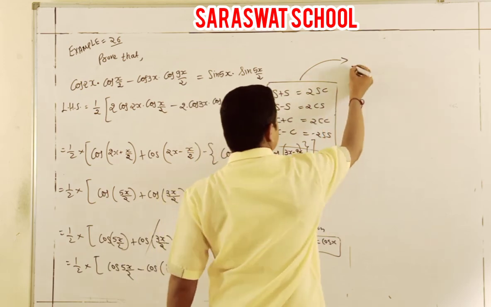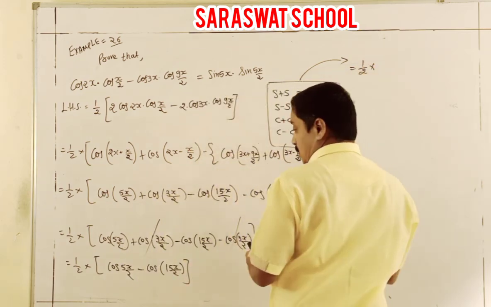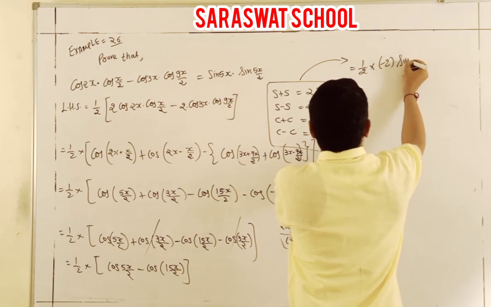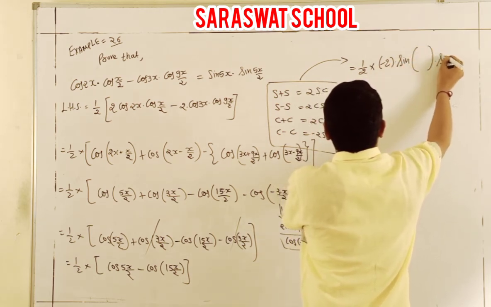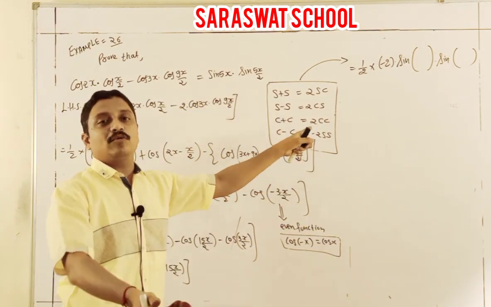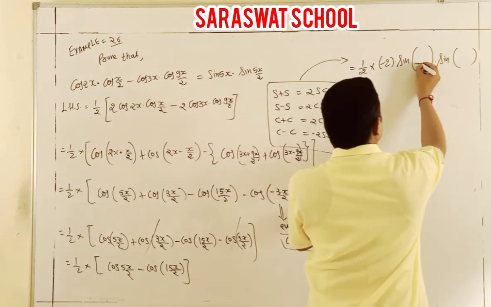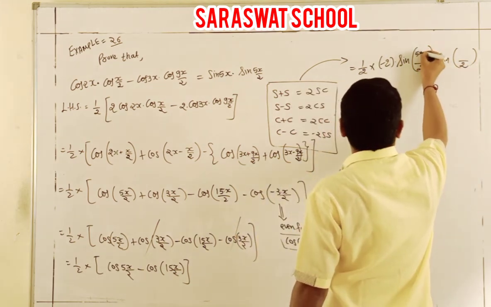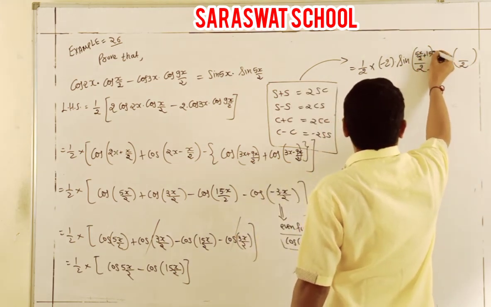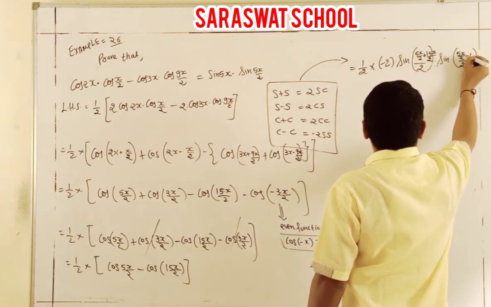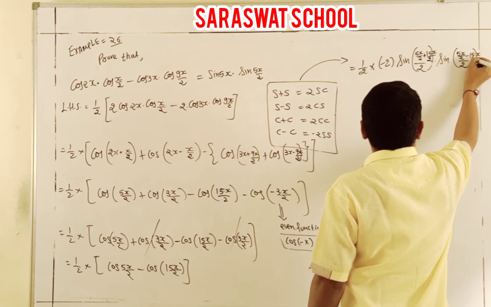So half the same, and students, here c minus c, minus 2 sine, but look at that, you take the formula left to right, it means dividing by 2, and one time adding 5x by 2, 15x by 2, and here 5x by 2 minus 15x by 2.